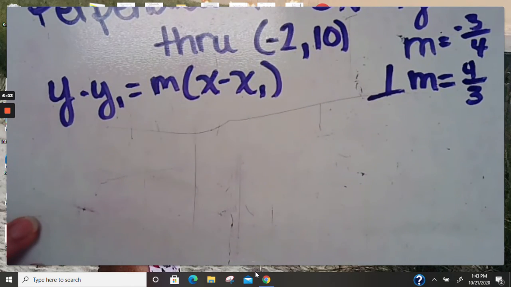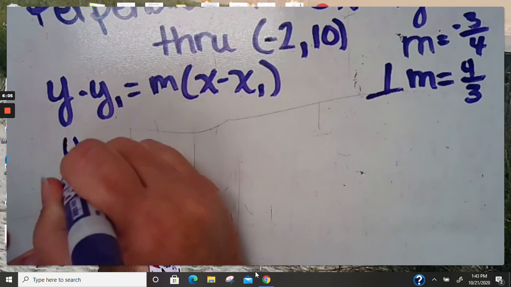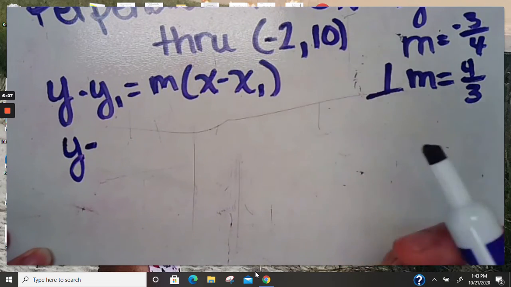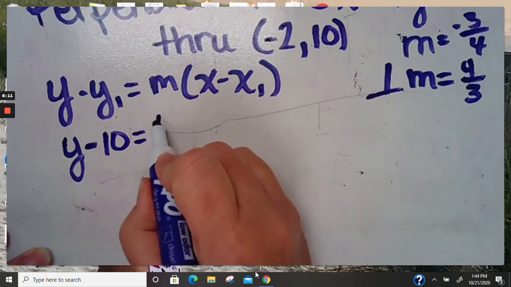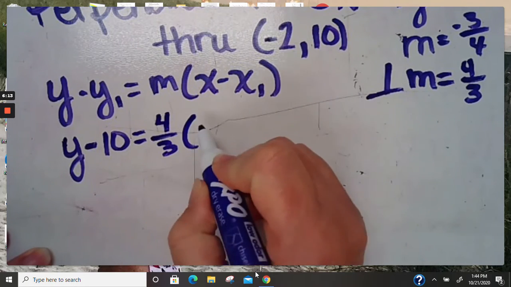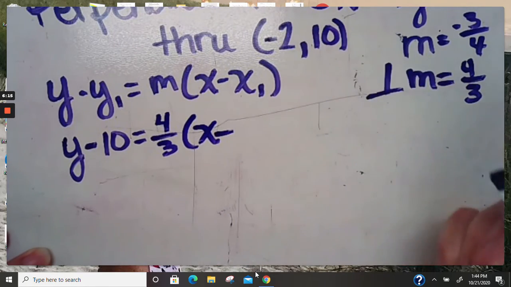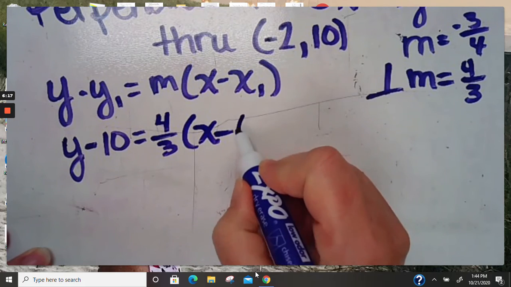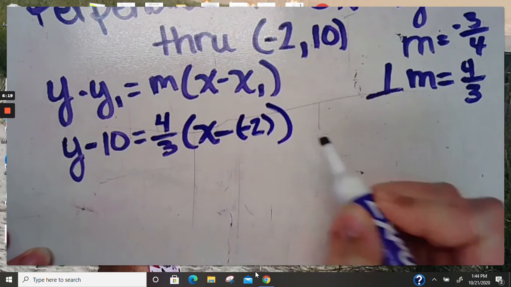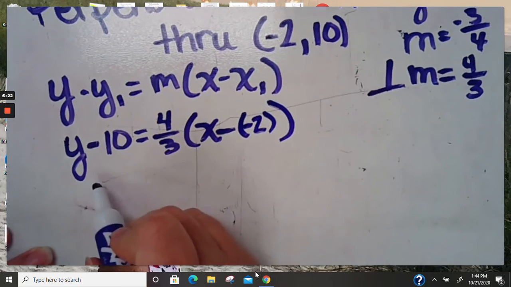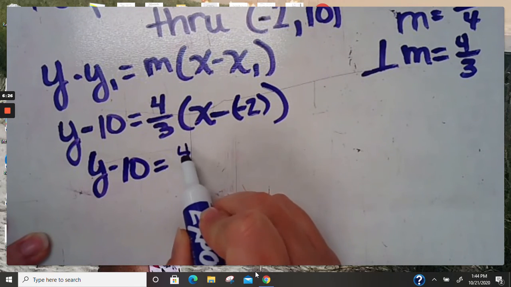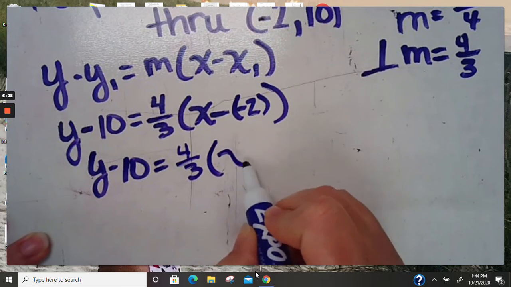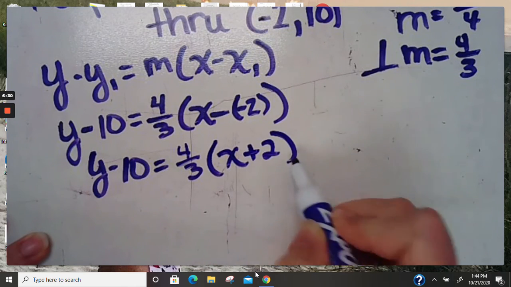Now I'm ready to plug into my formula over here. So I'm going to have y minus y from the point, which is 10, equals slope, which is 4/3, times x minus x from the point, which is negative 2. So that's y minus 10 equals 4/3 times x plus 2.